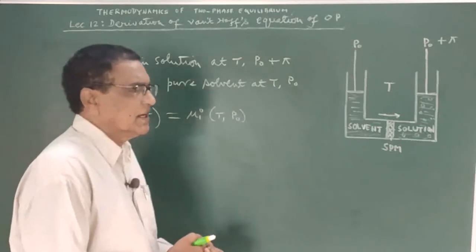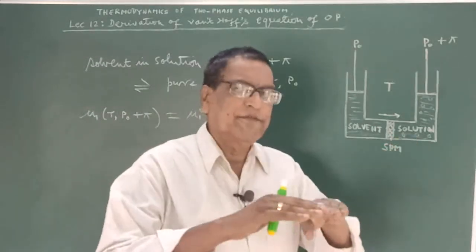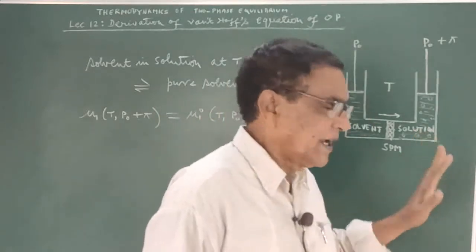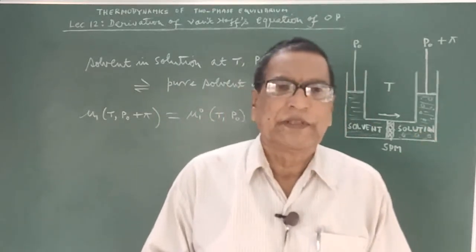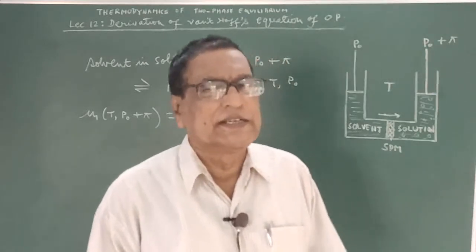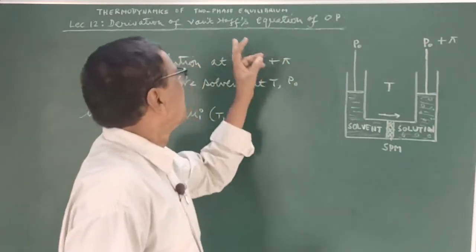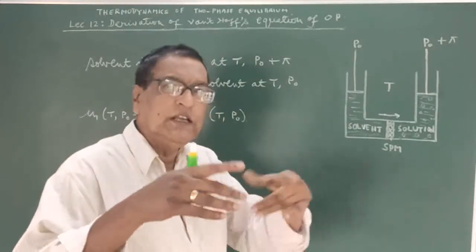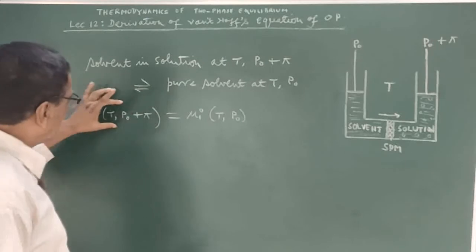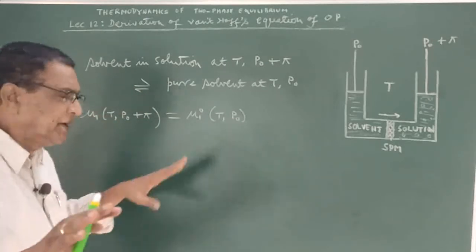If we consider the solutions to behave ideally, meaning the solution must be dilute, we can say that the van 't Hoff equation is only valid for ideally dilute solutions. So this term would be expanded.